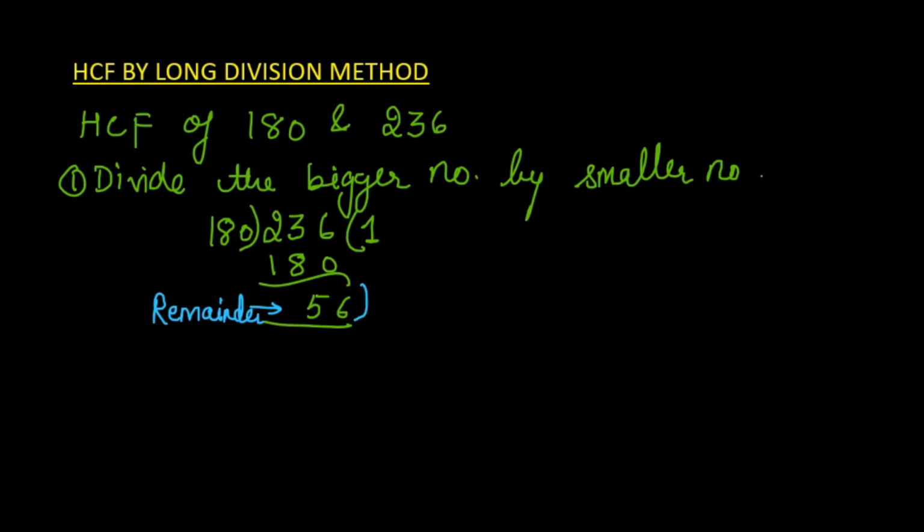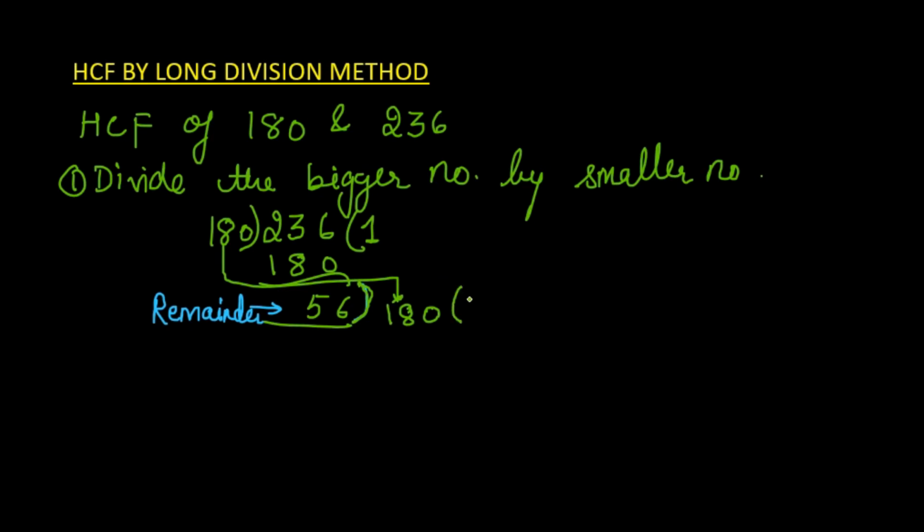This remainder becomes your next divisor. And the dividend will be the divisor from the previous step. So now our dividend becomes 180. The divisor is the remainder from the previous step.